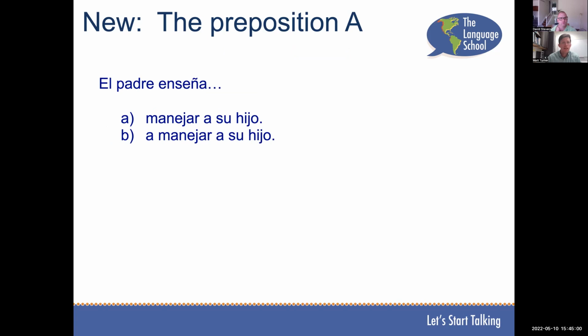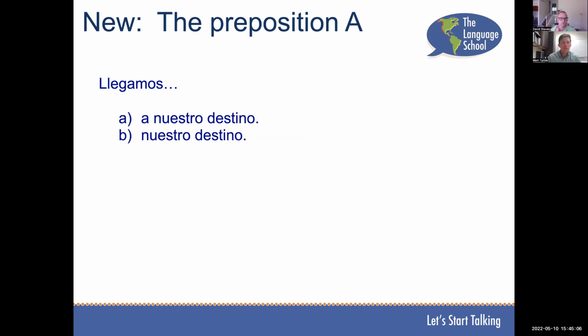El padre enseña a manejar a su hijo. Llegamos a nuestro destino. We're going to say that because you're arriving to your destination, to our destination. Okay.